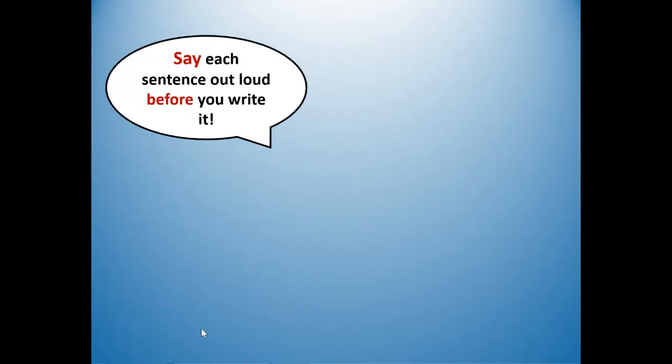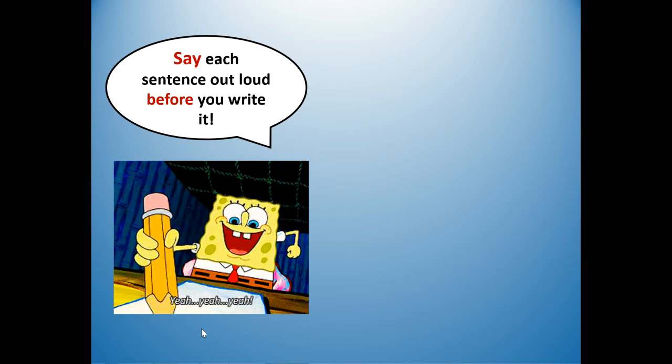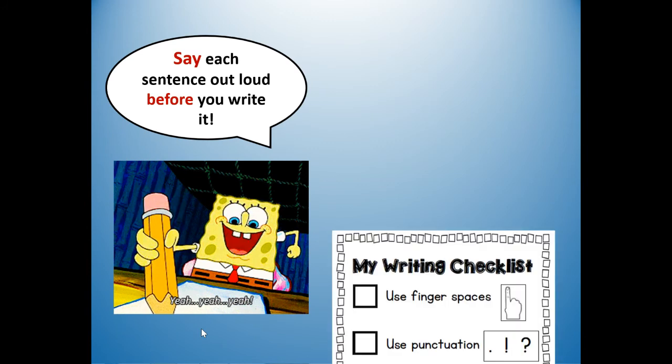All right. But we're going to review with a writing checklist what to do as you're writing. Say each sentence out loud before you write it. Just like SpongeBob here, SpongeBob will say the sentence, then he will write the sentence, and I want you to say your detail sentence, and then push pause and write your detail sentence.